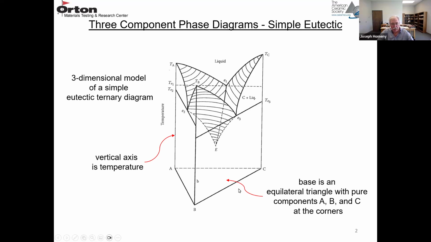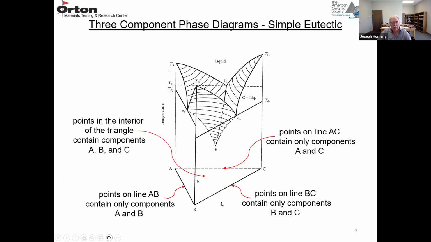A, B, and C at the corners are the pure components, and in the vertical direction is temperature. Any compositional point in the center of this triangle contains all 3 components, A, B, and C.